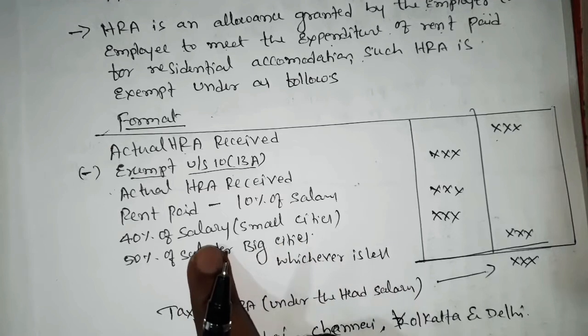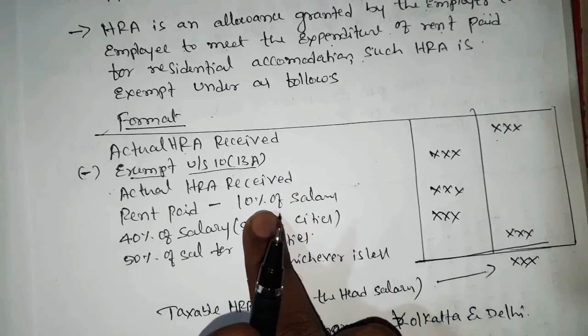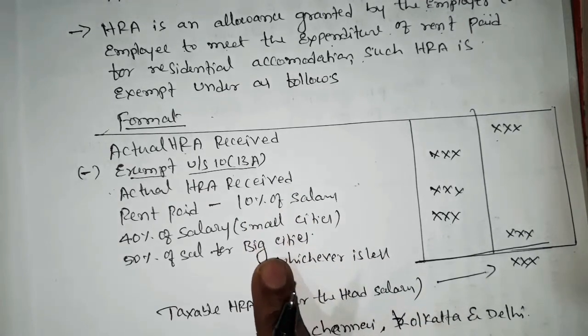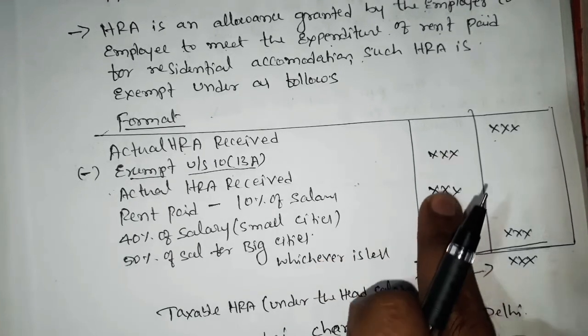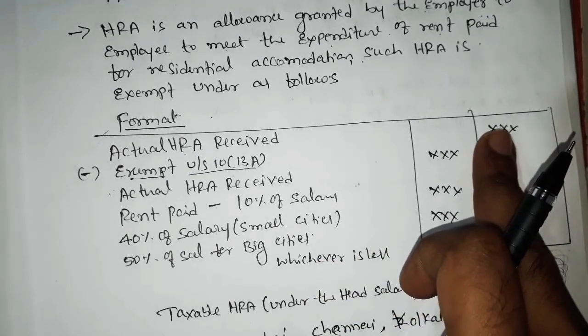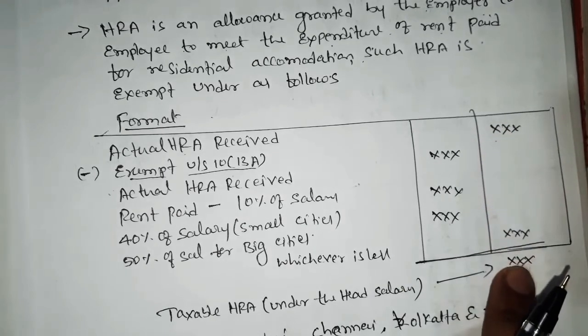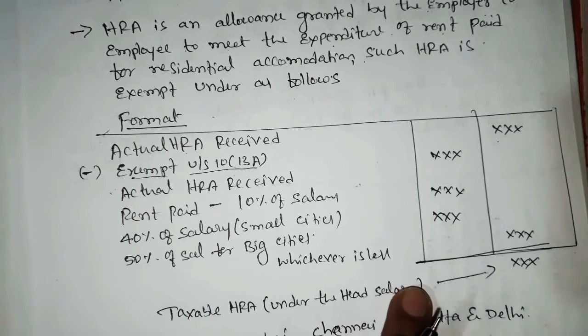We need to calculate the salary. Whichever is less among these three, put it in the last column. Substitute it, subtract it, and we will get the taxable HRA under the head of salary.